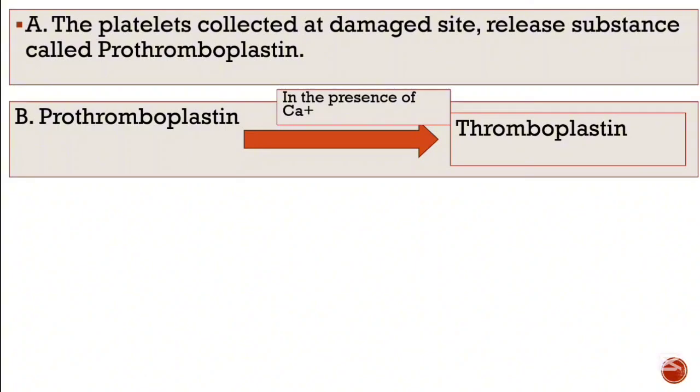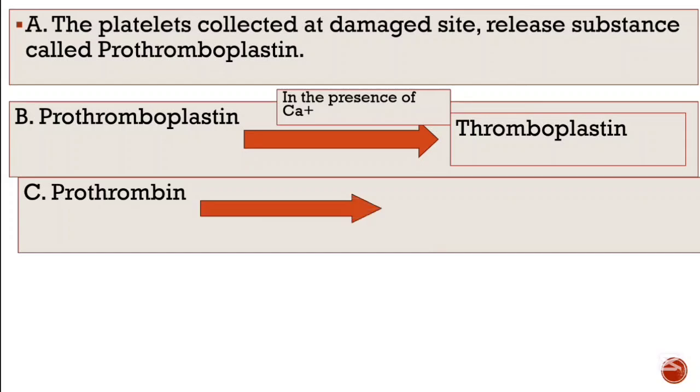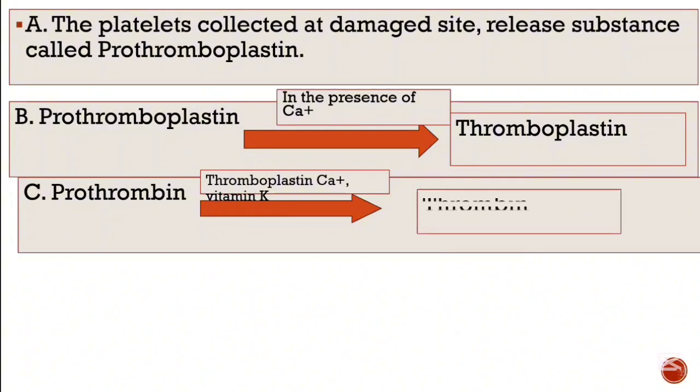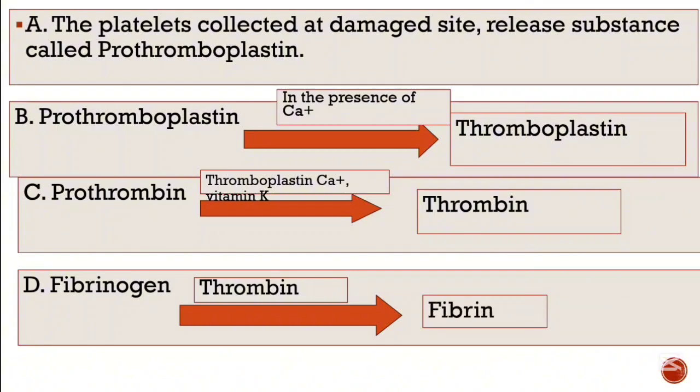Then the thromboplastin, along with the calcium ions and vitamin K, converts the prothrombin into thrombin. And finally the thrombin converts the fibrinogen into fibrin.